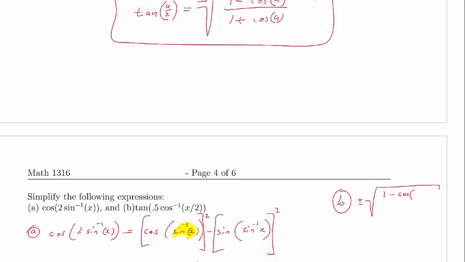I'm sorry, the cosine of that angle, which is the inverse cosine of x over 2, over 1 plus the cosine of the inverse cosine of x over 2.